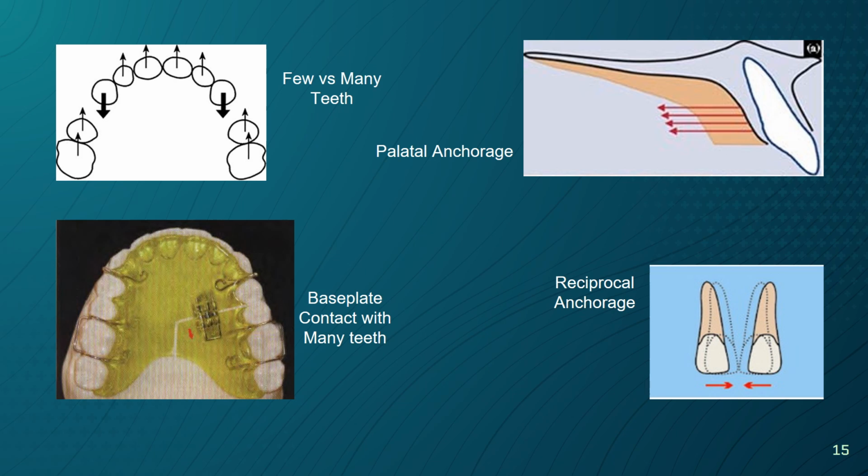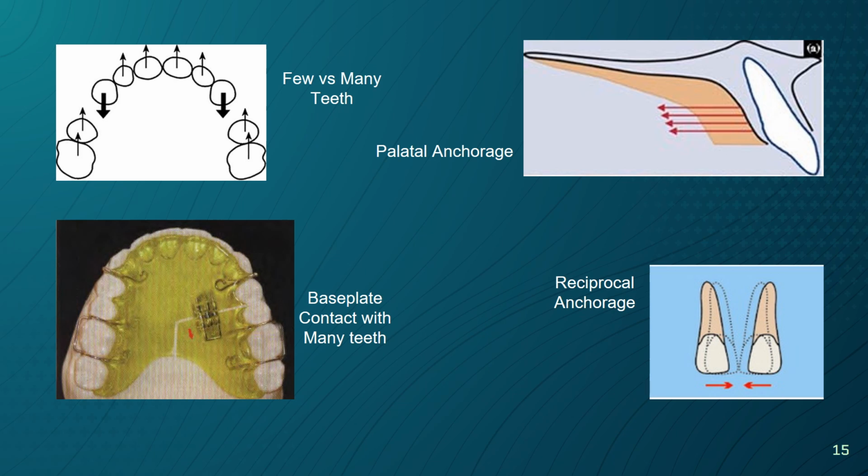Okay, here is a situation where the movement of two teeth is anchored by all the remaining teeth. Okay, and this diagram shows the concept of palatal anchorage. Because the base plate is in contact with the palate, the base plate helps to resist the reaction of the teeth that are being moved.